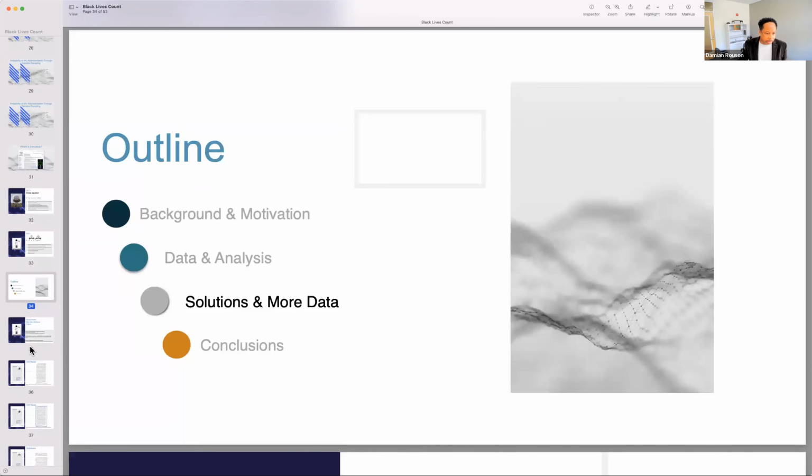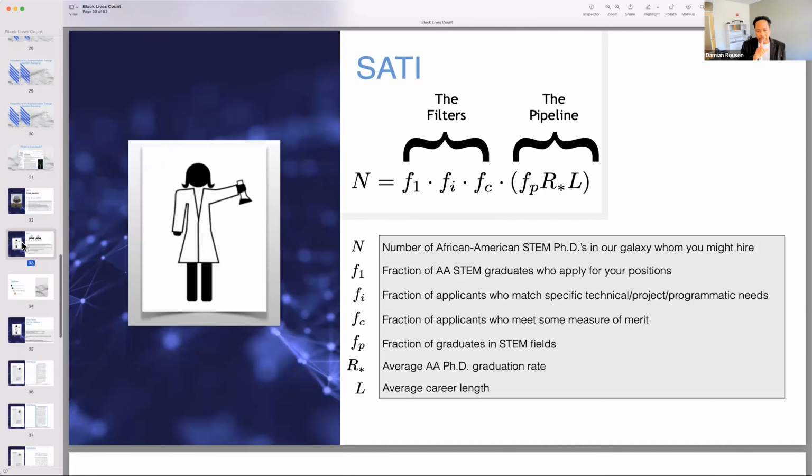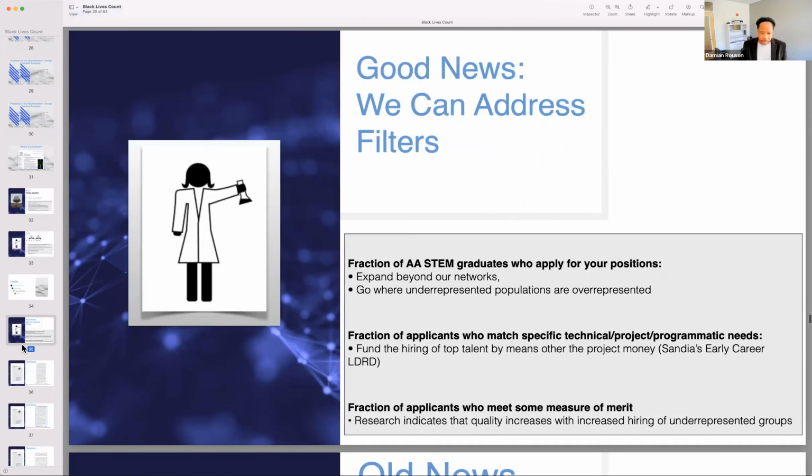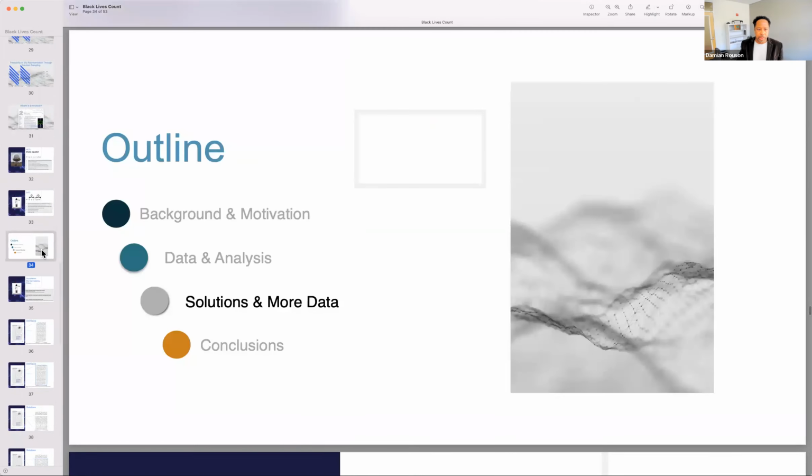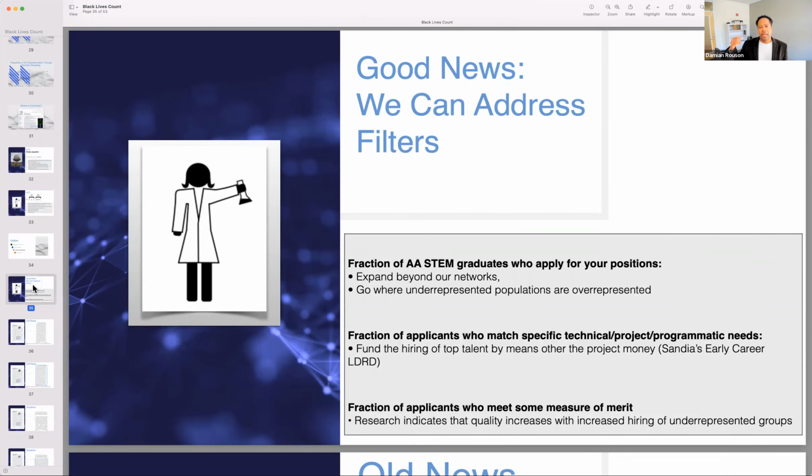Actually, let's just jump into that. So we'll look at what we can do to impact this. I would say that the first analysis demonstrated that what we're looking at is not random.